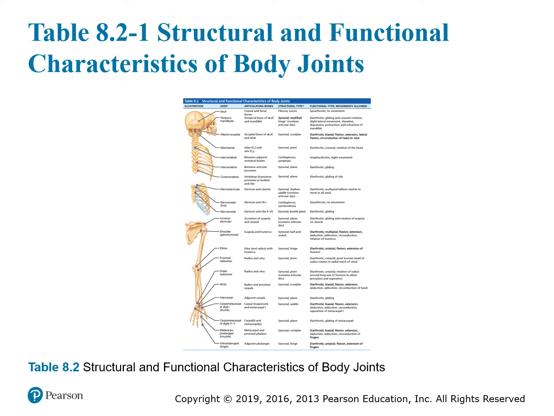The interphalangeal joints of the fingers occur between adjacent phalanges. They are synovial hinge joints. They are diarthrotic, uniaxial, and allow for flexion and extension of the fingers.